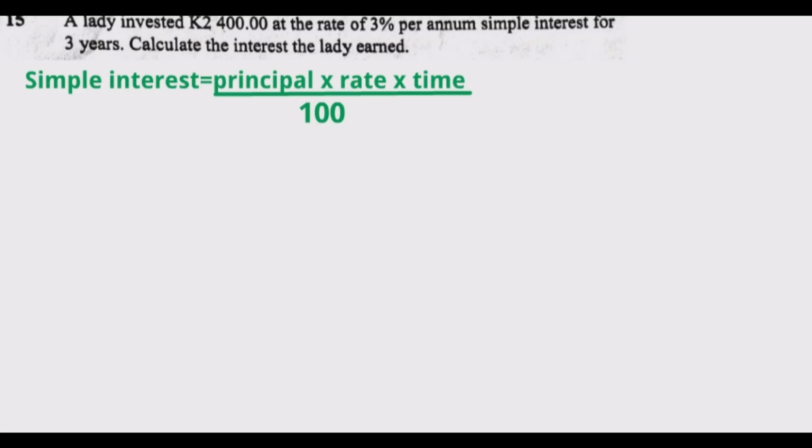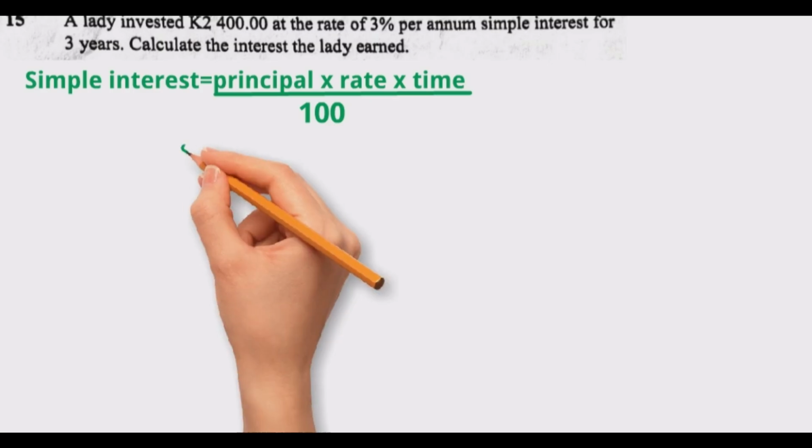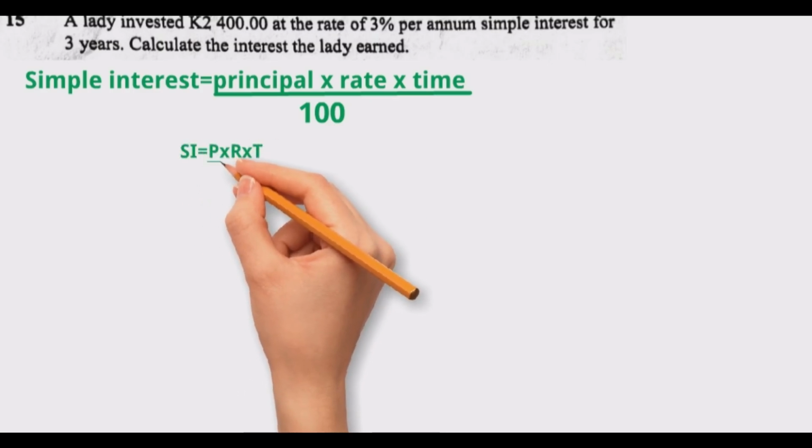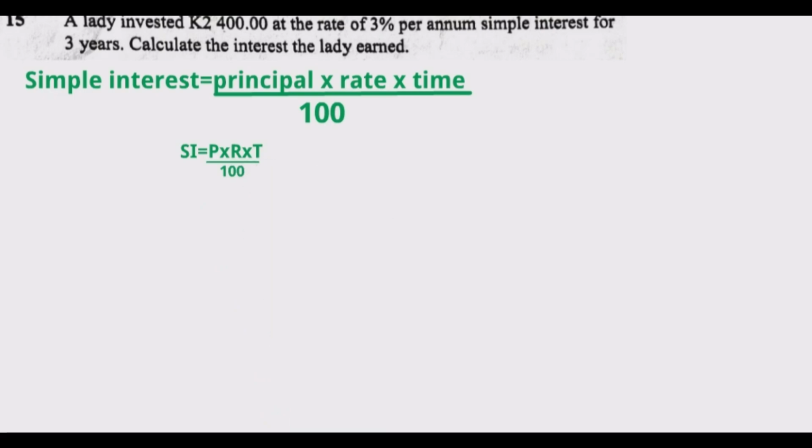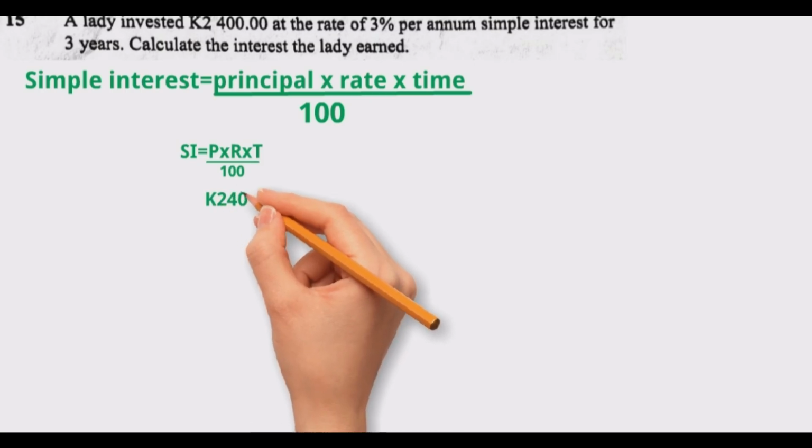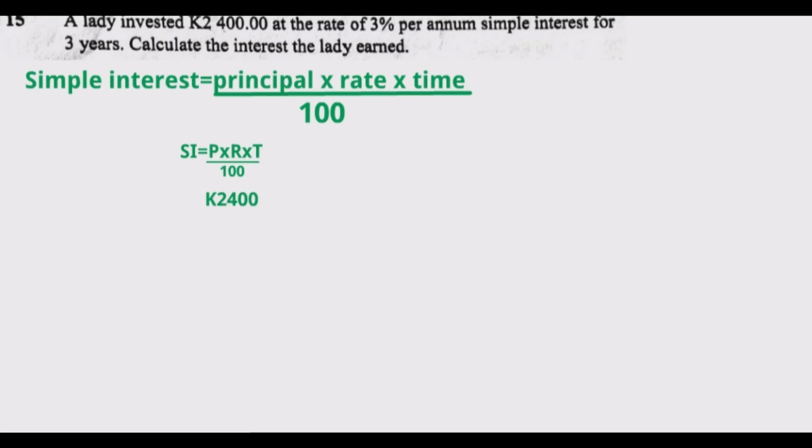Simple interest will be equal to principal multiplied by R multiplied by T over 100. So we are going to write them in abbreviation, which will be SI equal to P multiplied by R multiplied by T over 100. What is our principal? The money which the lady invested, that's the principal. So we're going to say 2,400 multiplied by the rate.